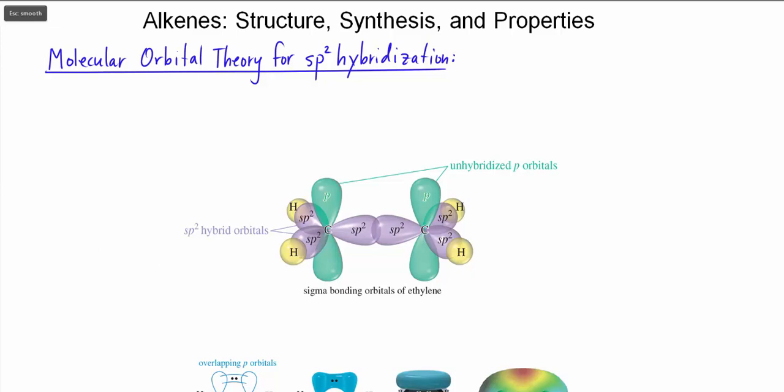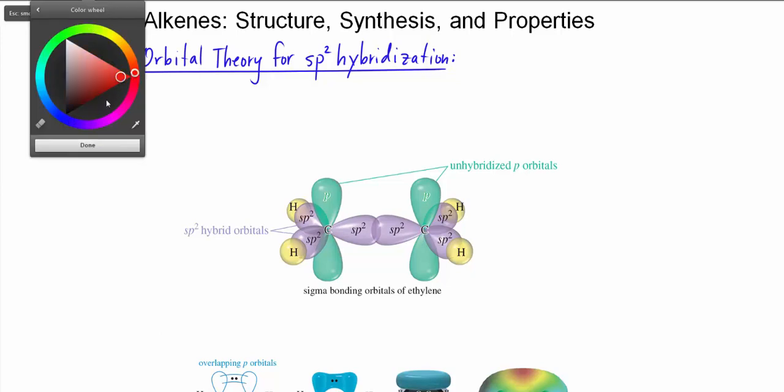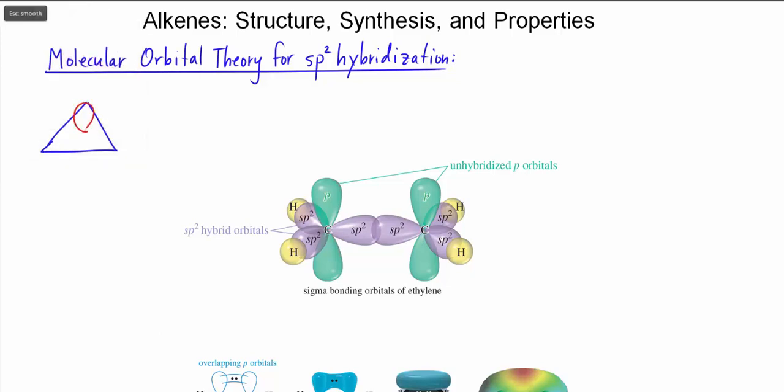We learned that for an atom that is sp2 hybridized, we had 3 sp2 molecular orbitals, and we had one unhybridized p that is perpendicular to the center of the sp2 framework.